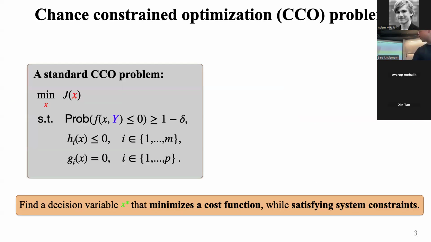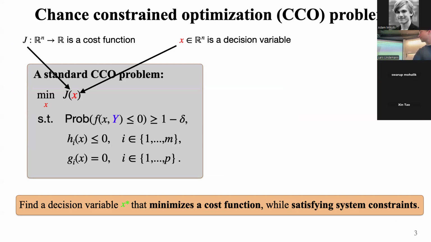There's a lot of existing work, but I want to set the stage first. Usually these are framed as chance constraint optimization problems, or CCO for short. You have a decision variable x, as in any optimization problem, that lives in R^n. You have a cost function that you want to minimize by selecting the right, or optimal, decision variable.